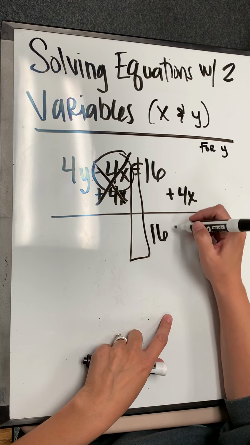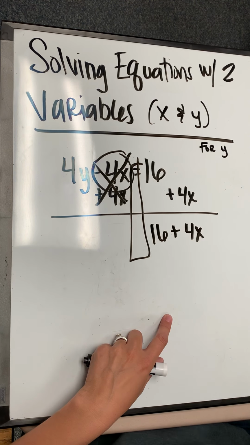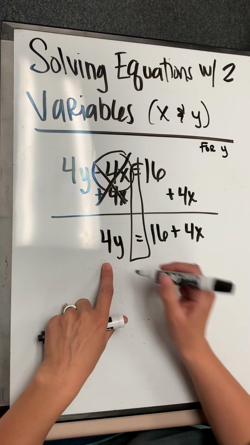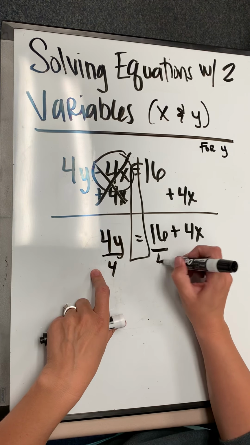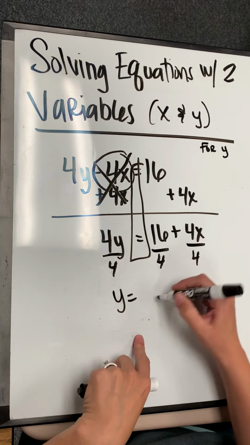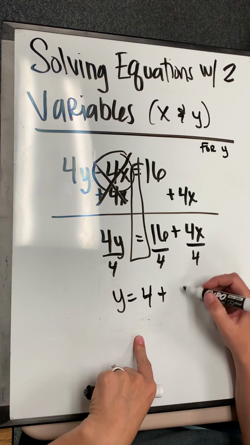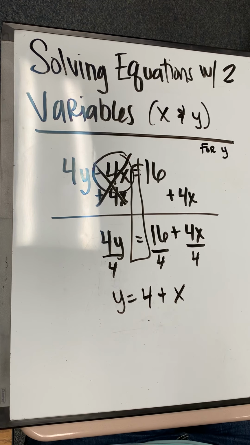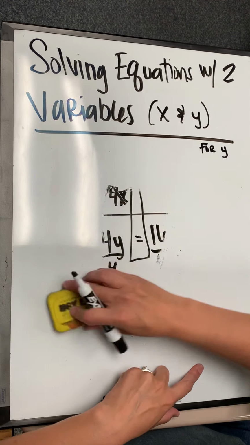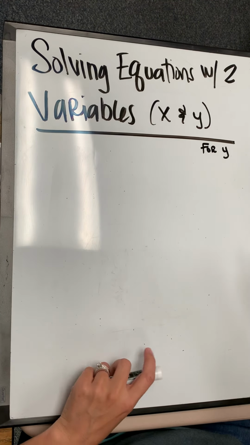And then I have to put it at the end of what's already here on that side of the equal sign. And then we solve for y. To get rid of my 4, I would divide by 4. I divide this by 4, and I divide that by 4. So y is equal to 4 plus x. And I have solved for y. I'll show you just a couple more, because it's always good practice.